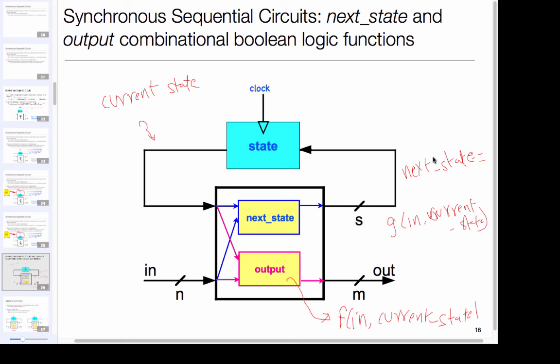Now let's see what happens. A clock tick comes, and a new value gets put into the state. That value will appear on current state after a teeny bit of time. The next state logic takes that, and for now let's imagine the input is stable. It computes a signal called next state, and at the next clock tick, the storage will read that in, and so forth.